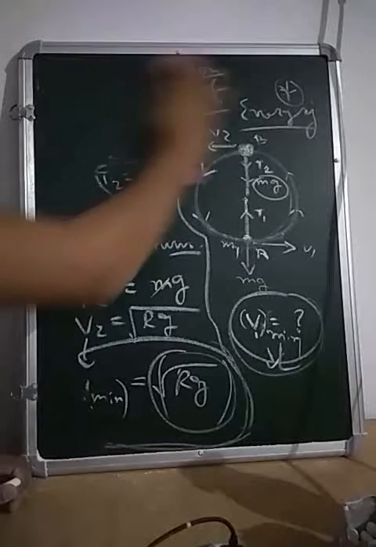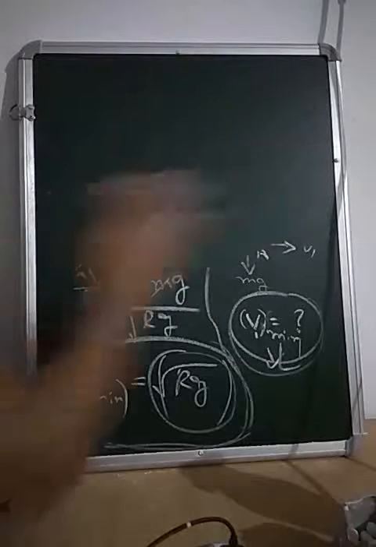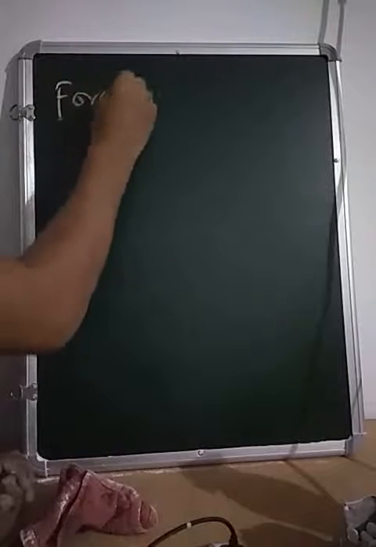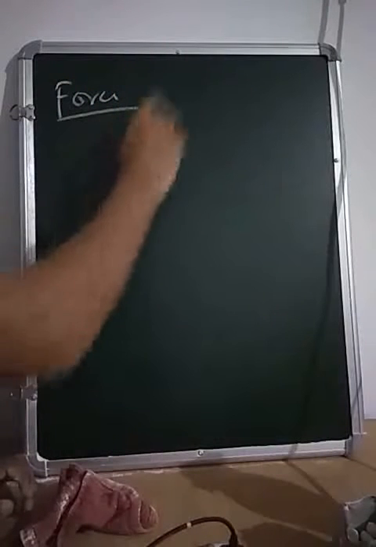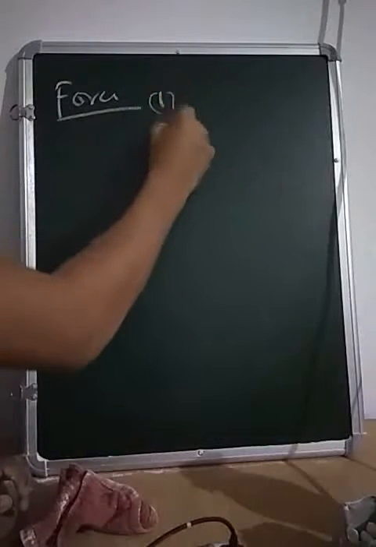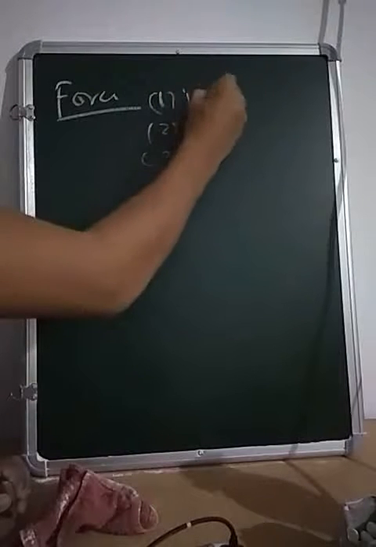So this is another example regarding centripetal force. In this fifth chapter, first we discussed force. Here we get three laws: the first law is about inertia.